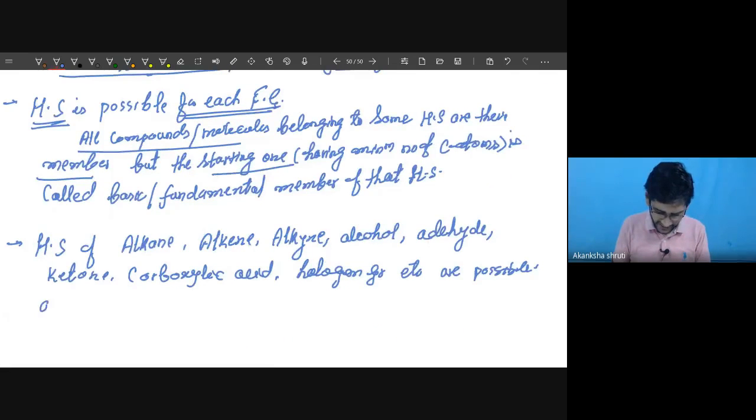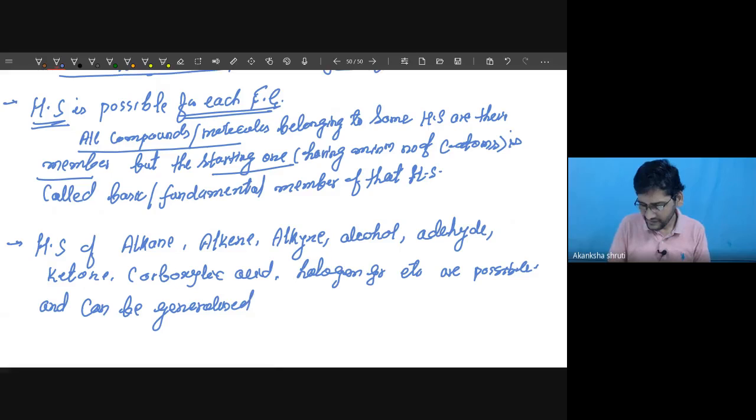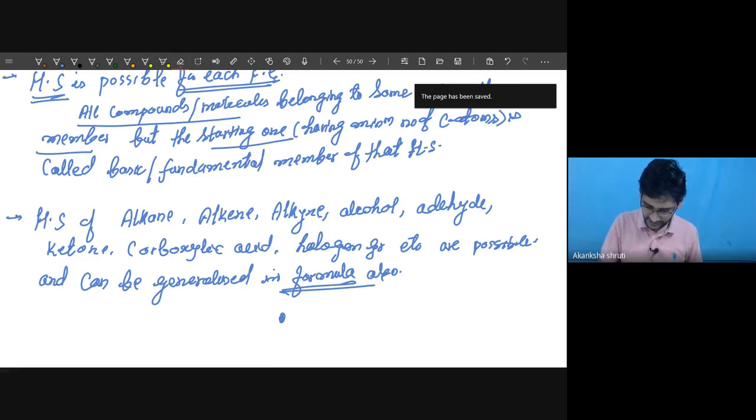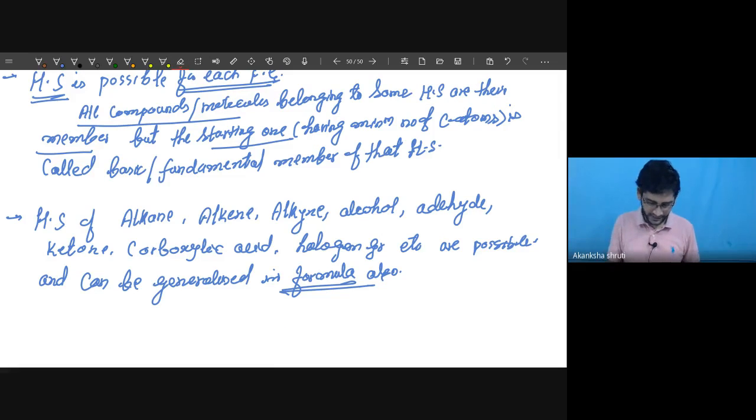It can be generalized in a formula also. So we will write the formula. Once it was asked what is the general formula for aldehyde, or say the alkene homologous series. Last time I had explained these things, and whatever we had written, their general formula we had also written. The same thing I have written.